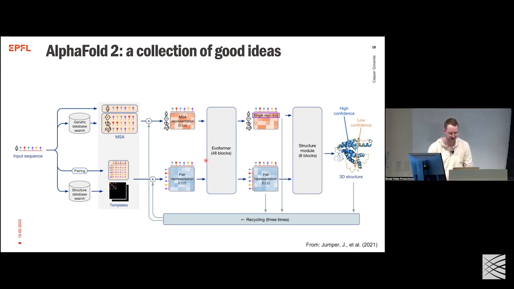So this uses a lot of transformer architectures to do its reasoning. And then the output of this Evoformer goes into the structural module, which eventually takes this latent representation of the protein and maps it into 3D space.